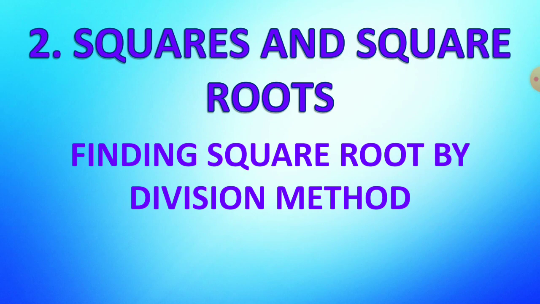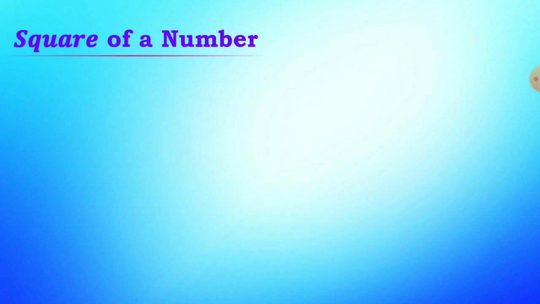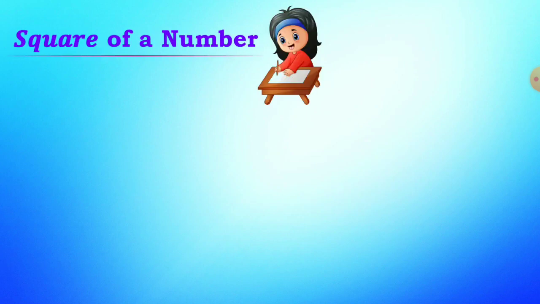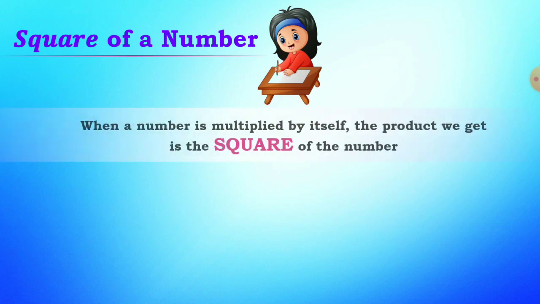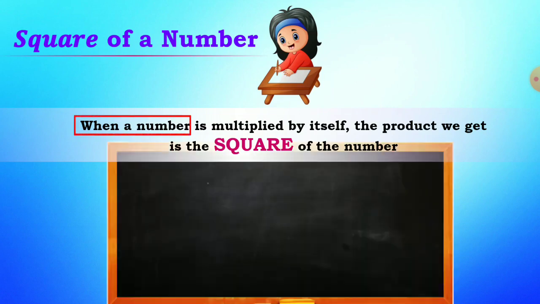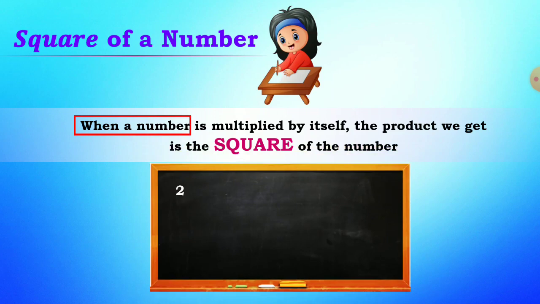Now before starting this concept, students, let's revise what we mean by the square of a number. When a number is multiplied by itself, the product we get is the square of the number. Let's understand with an example. Suppose I take the number 2.